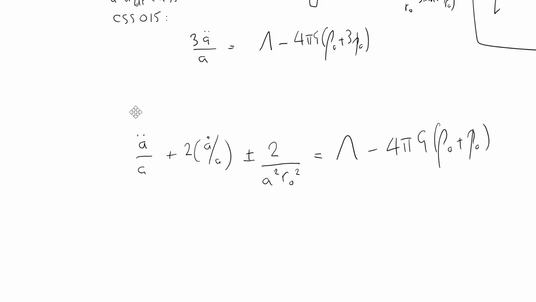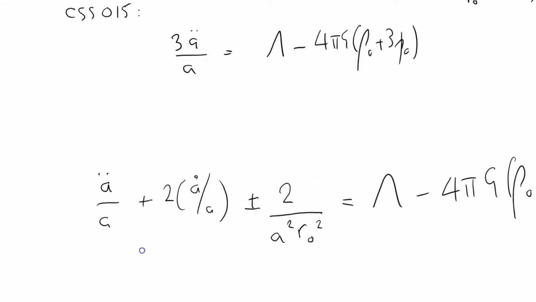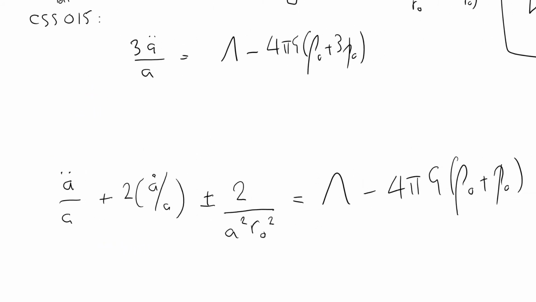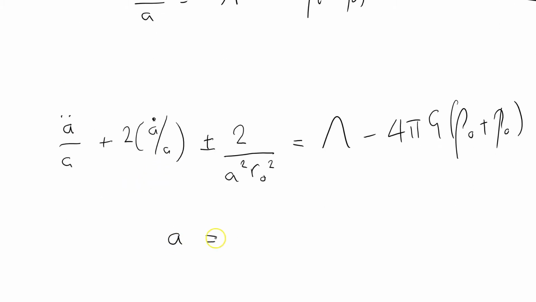What we've done by virtue of our simplifications is reduce it down to 2 equations now in an unknown. We've got a equals a of t, and it looks like it's overdetermined because we've got 1 unknown and 2 equations.